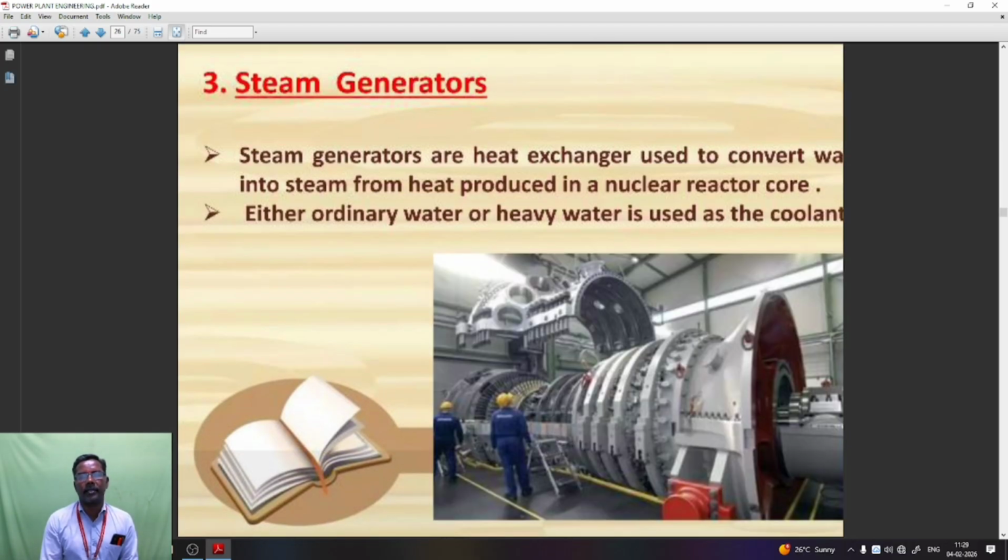Steam generators. Steam generators, also called heat exchangers, are used to convert water into steam from the heat produced in a nuclear reactor core. Either ordinary water or heavy water is used as the coolant.